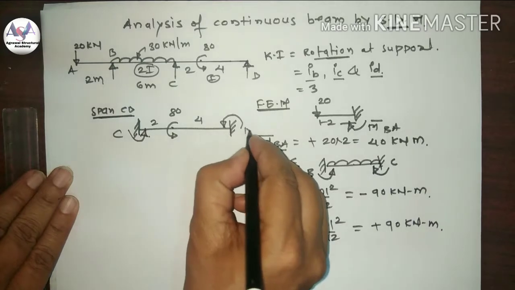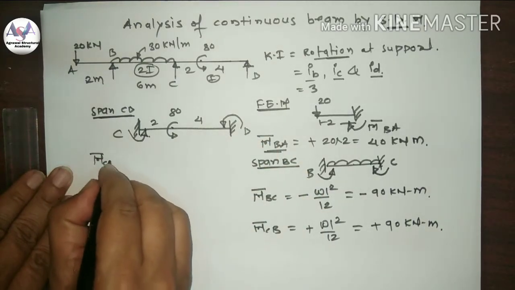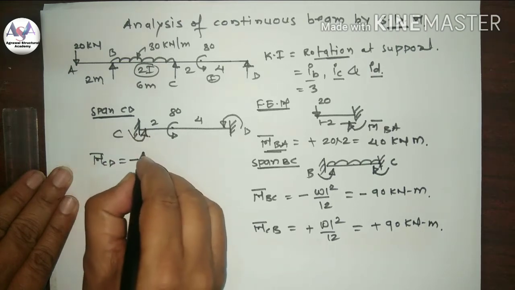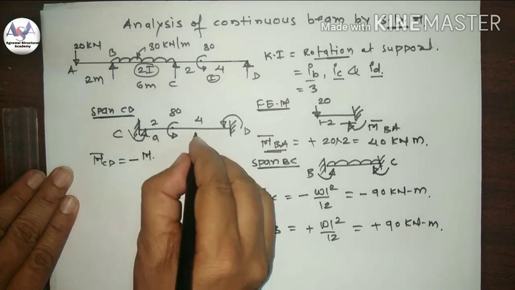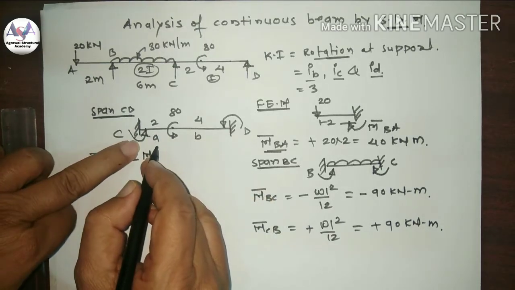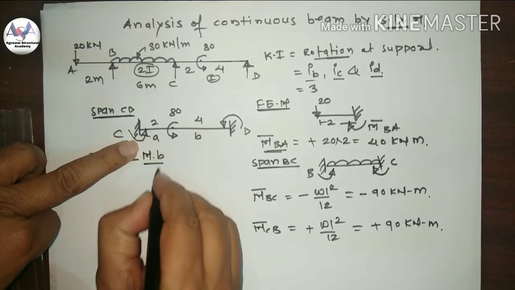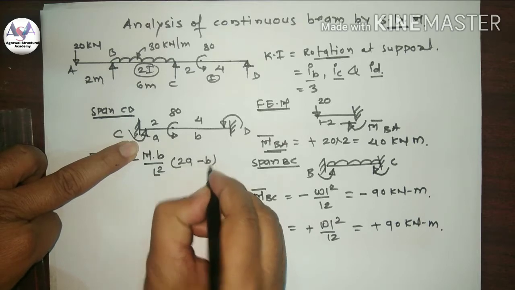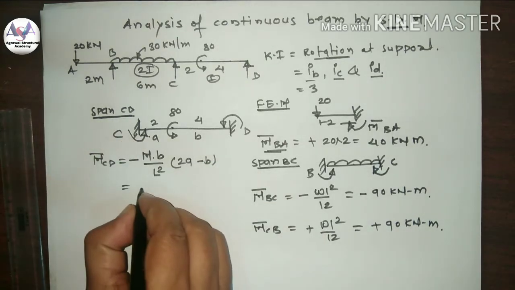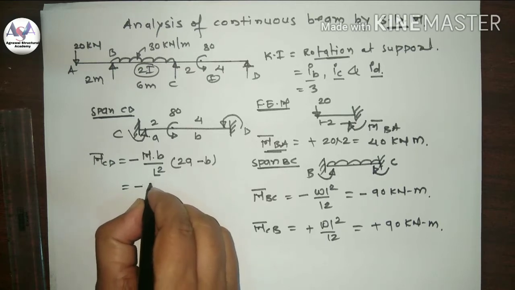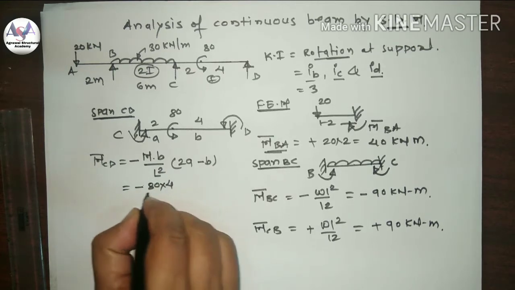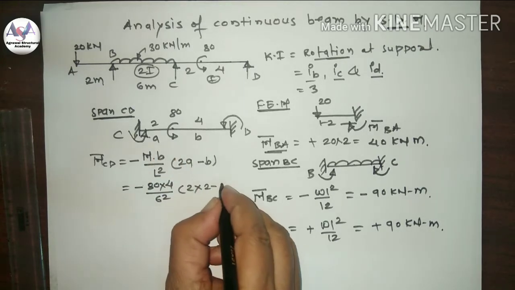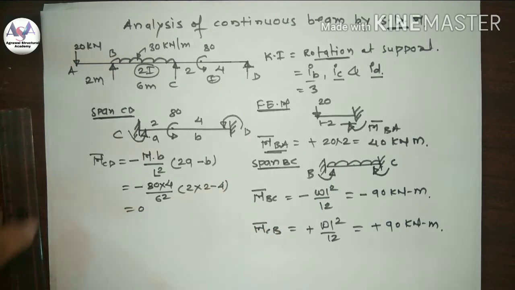This is C and this is D. Now here M bar CD: it is anti-clockwise, so minus M. This is support A, this is B. If you are calculating this moment, multiply by B divided by L square. If you have taken the B, take here the A. If you have taken the A, take the B. This is the simple process to learn this formula. So this becomes minus 80 into 4 divided by 6 square into (2 minus 4). So this becomes 0.